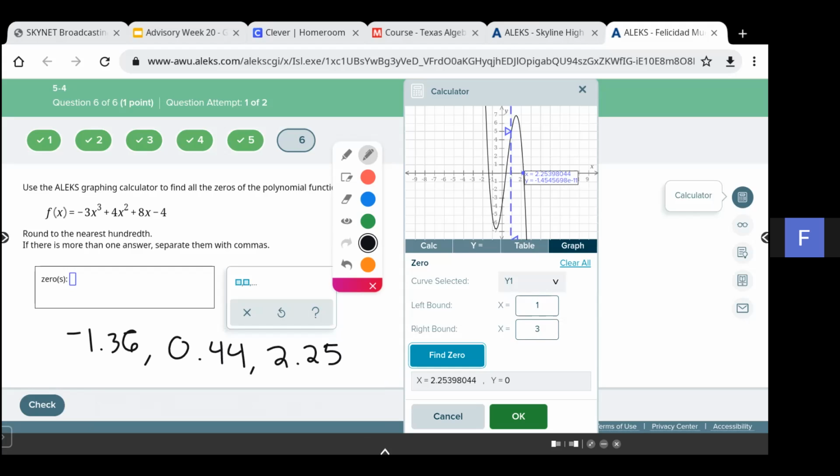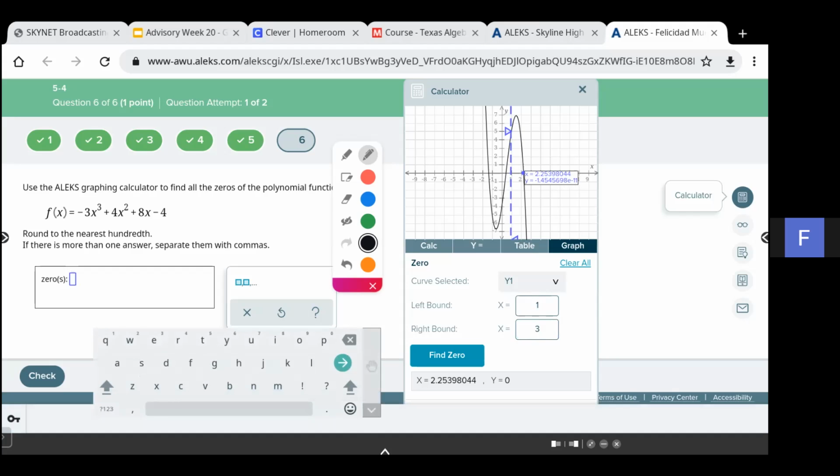That's what I need. So we are going to type those numbers into our answer. All right, -1.36, comma, 0.44, comma, 2.25. I'm going to hit check.